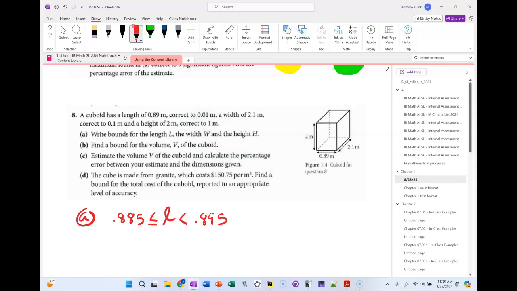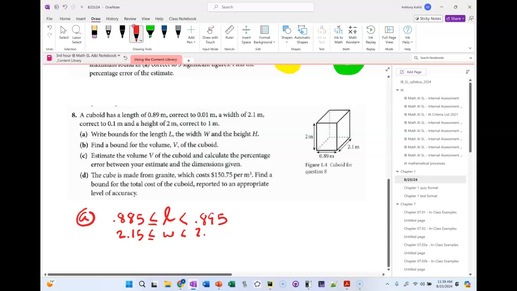So for all of these bound questions, you're pretty much just taking the last number and subtracting 0.05? Taking the last, yeah, basically. Oops.